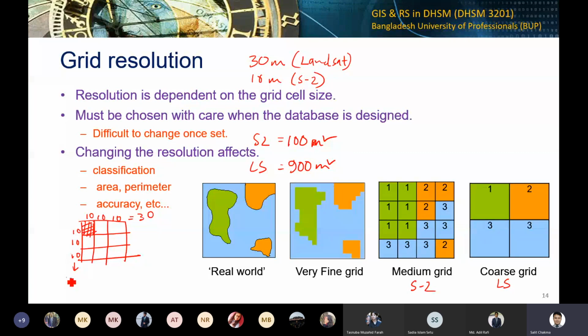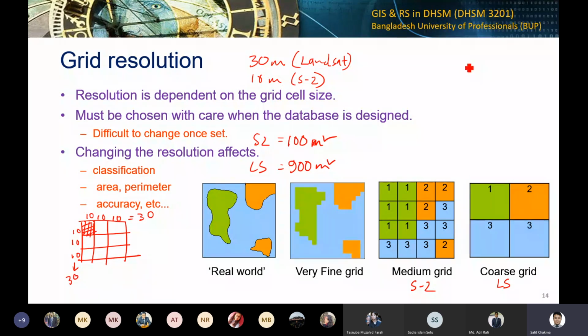So this is actually 1/9 of the entire Landsat pixel.